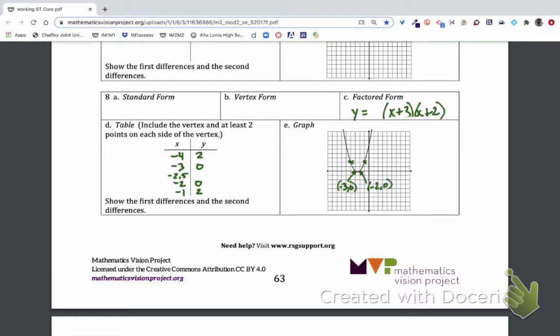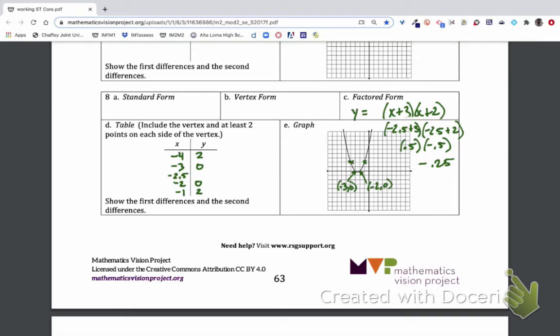So plugging that in, -2.5 plus 3, -2.5 plus 2 would give me positive 0.5 times -0.5. And if you take 0.5 times -0.5, you would end up with -0.25.